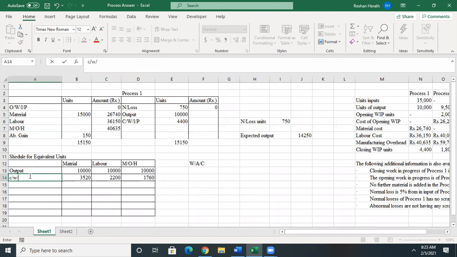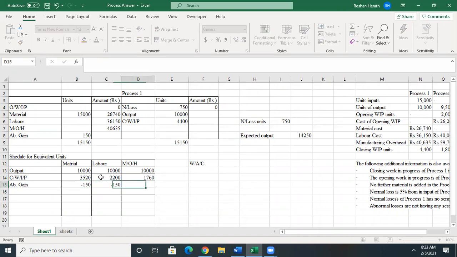Closing WIP. Again, if you have abnormal losses, you need to ensure that they are also part of the expected output. But if you have abnormal gain, that must be deducted, right?